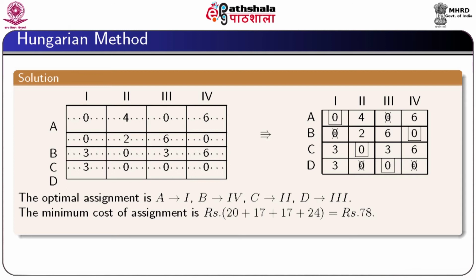So, we make a box there for the optimal assignment, and any other zero lying in the column in which we made a box, we should cross it out.